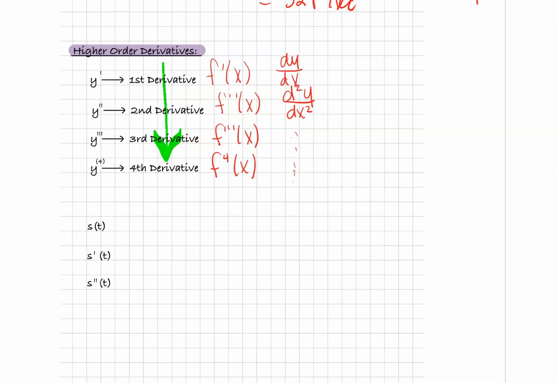So let's move into our position function and talk about what those derivatives mean, and that's really where this has the application. So s of t, remember that's like your y function or your f of x function. And so this is going to be, as you know, your position function.